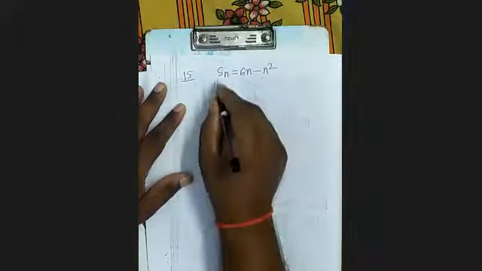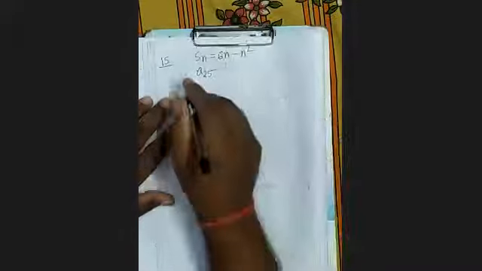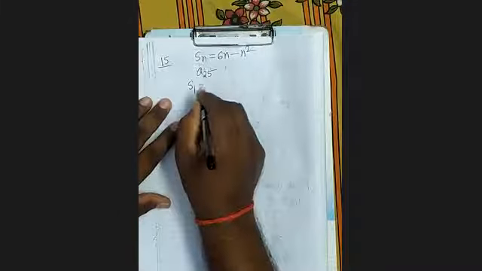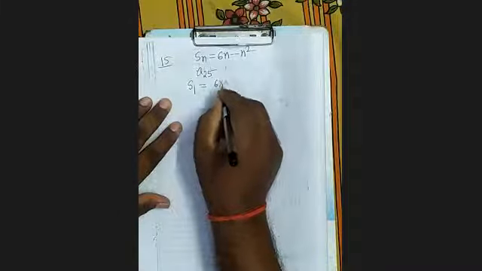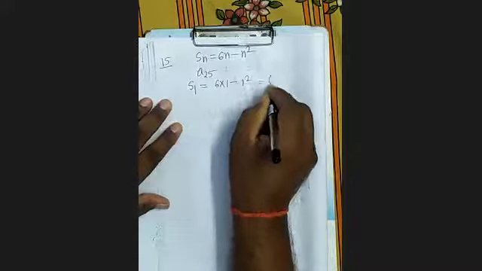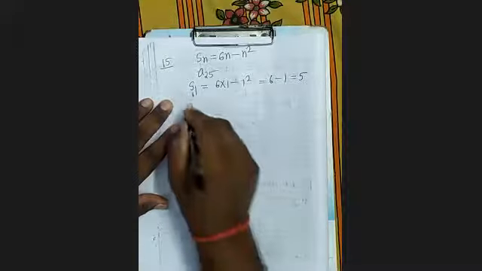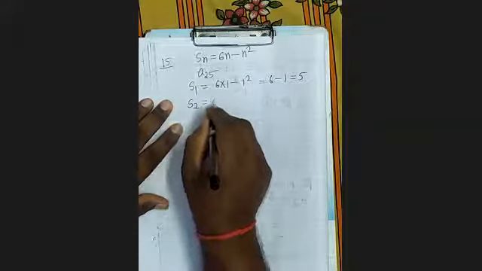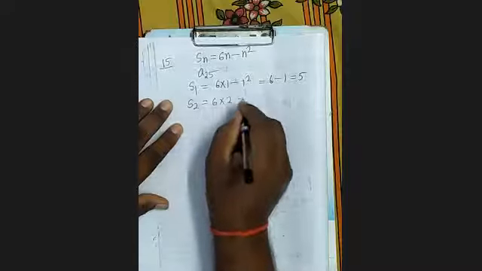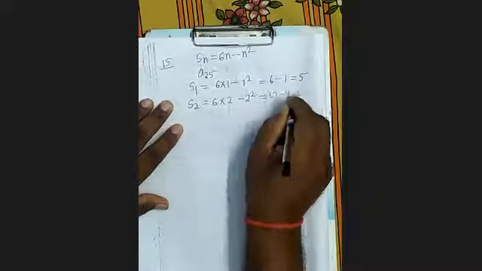Find the 25th term, A25. So see here what will be S1. S1 will be 6 into 1 minus 1 square. That is 6 minus 1 equals to 5. What is S2? 6 into 2 minus 2 square. That is 12 minus 4 equals to 8.